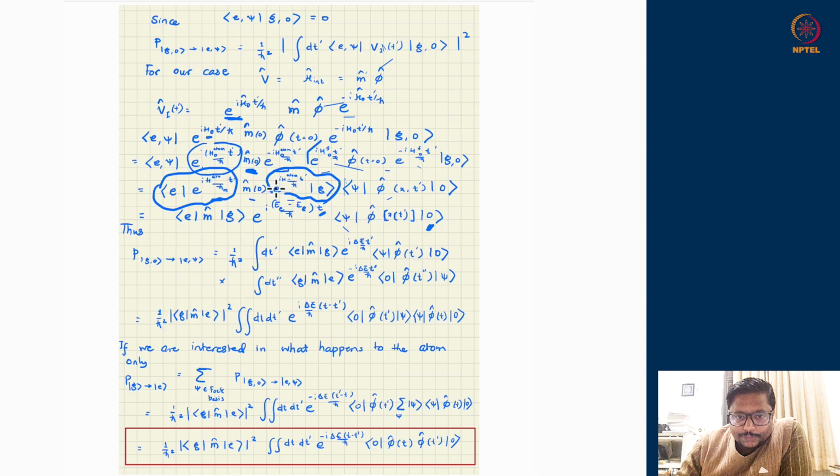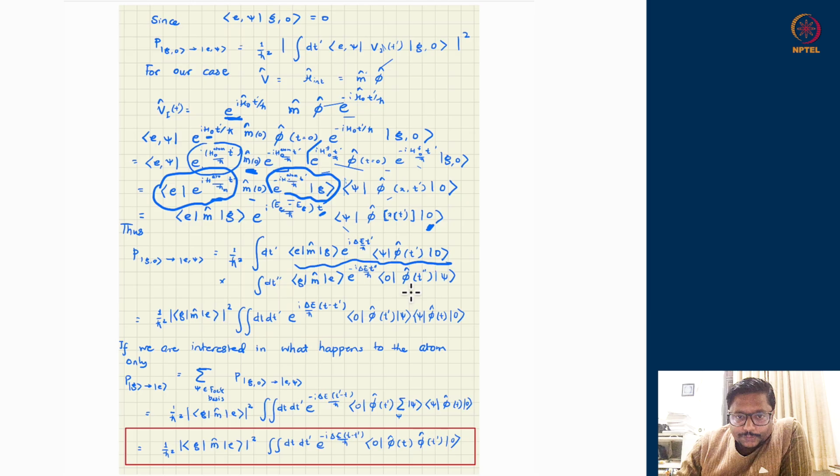So let us, a better way will be to take this thing and take its complex conjugate, because I have to first integrate it, multiply with the complex conjugate, to get the mod square. So that's what I do. I first write down the term which I have obtained, integrate it with dt prime, and then write down the complex conjugate of that. The complex conjugate of the whole term is also an integration.